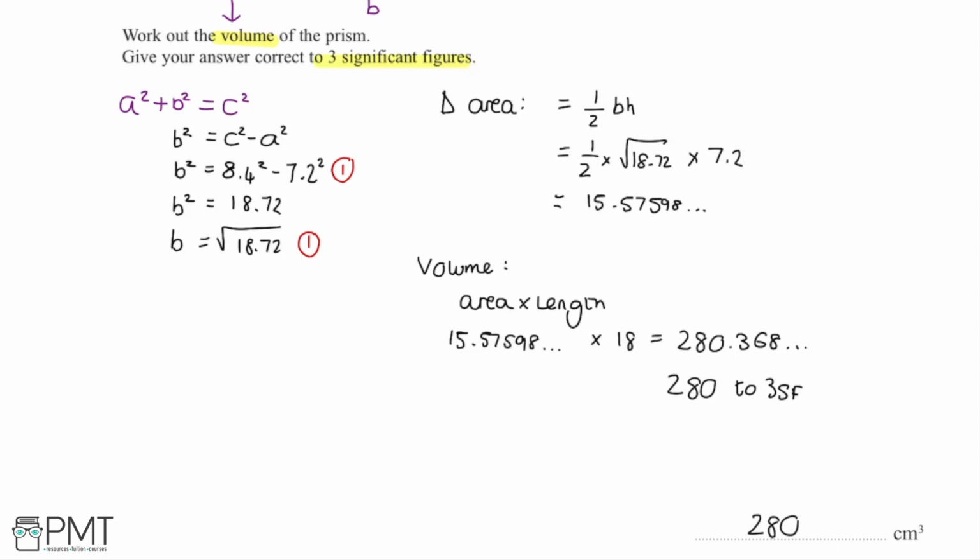Then the third mark would have been for a process to find the area of the triangular face, so this method here. The fourth mark was for finding the volume of the prism, so getting an answer here which can be to more decimal places obviously. And then the final mark is for the correct final answer of 280, correct to 3 significant figures here.